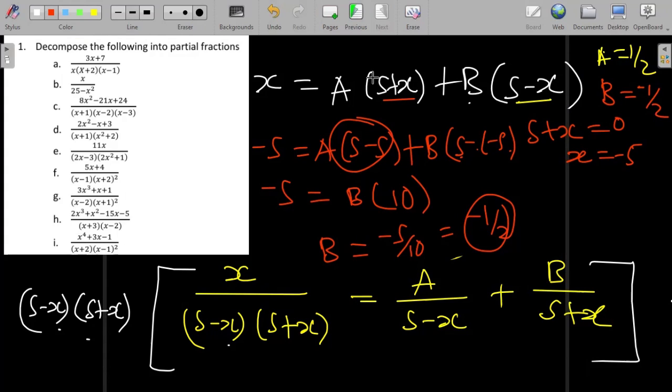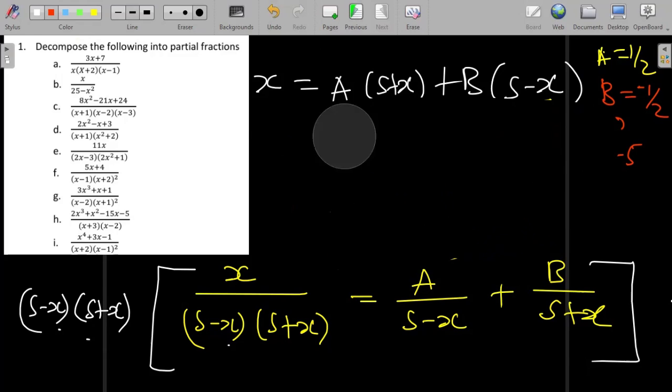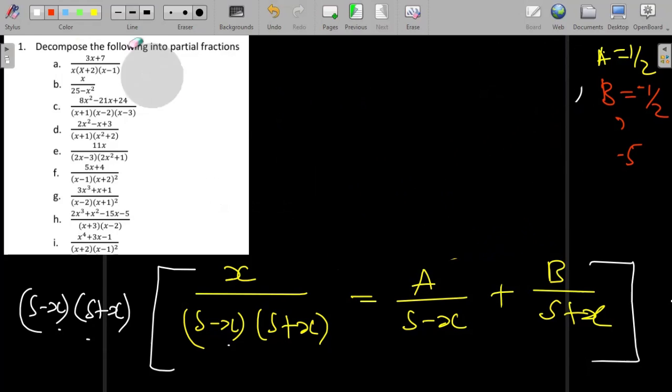So we found whatever we need: we found b, we found a. We can place them back into the equation. Our a is 1 over 2, and our b is minus 1 over 2. So we can multiply the numerator and the denominator by 2.